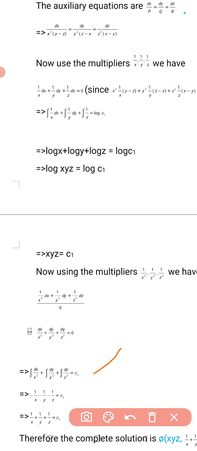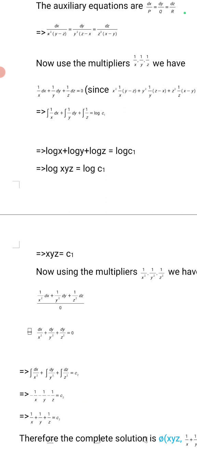So x power minus 2 plus 1 by minus 2 plus 1. So what are we left with finally? Minus 1 by x. For integral dy by y square also minus 1 by y. Integral dz by z square also minus 1 by z. So taking the minus common from all these parts, what am I left with? 1 by x plus 1 by y plus 1 by z is equal to c2.